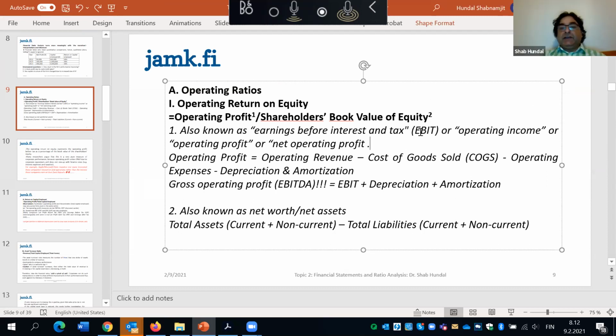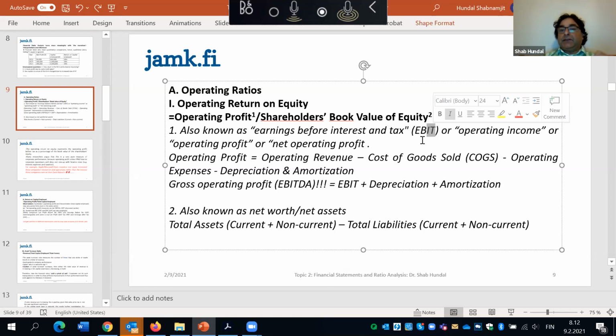So basically, these are the earnings which are before you deduct the interest and tax. Remember, interest and tax are not operating things unless you're a bank. Interest is not signifying operation. All the companies borrow, all the companies pay interest, all the companies pay tax.